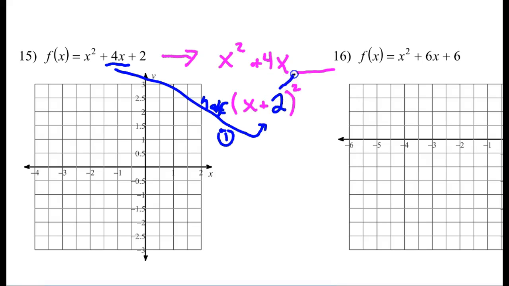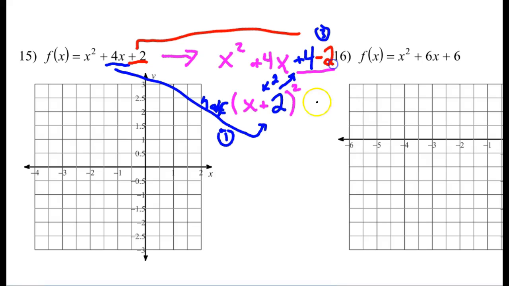Then taking this number, putting it up here, squaring it, raised to the second power. That's step 2. And then step 3 is coming up with this number so that it's equal to c. So we need to do minus 2. And the last step is just drop down that number, same thing. Which will change a little bit tomorrow, maybe when we have some GCFs, but we'll wait for that tomorrow. But for now, that's the process.